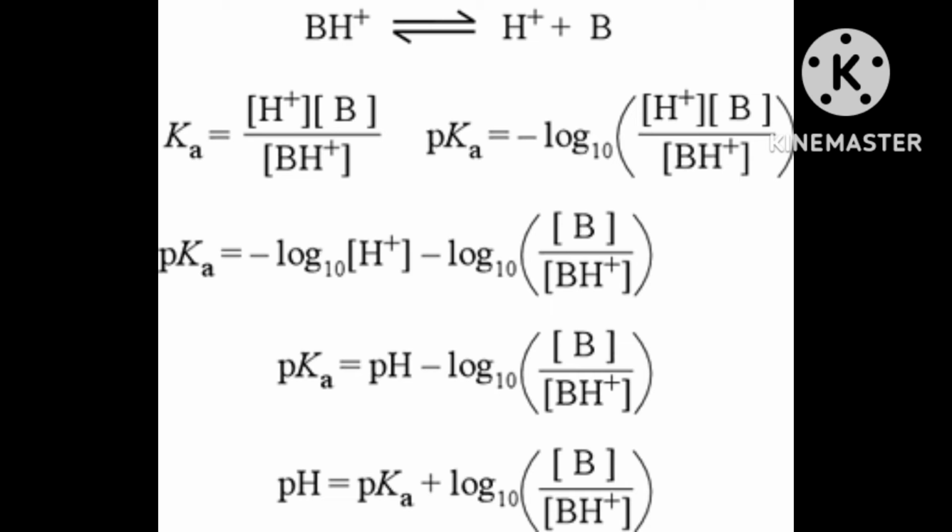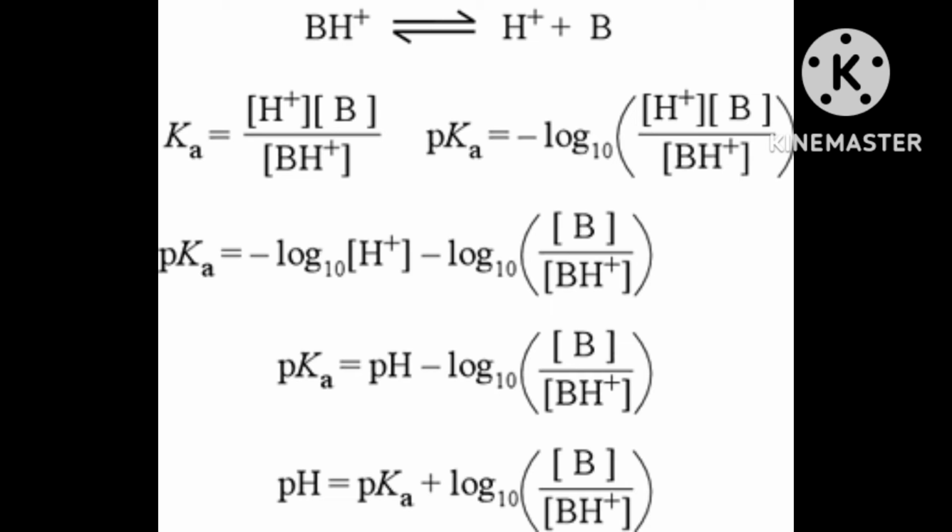In the same way, you can derive this for a basic buffer. A similar analysis of a buffer made with a weak base and its conjugate acid leads to the result. I told you for the acid, the conjugate base; for the base, the conjugate acid, reverse.